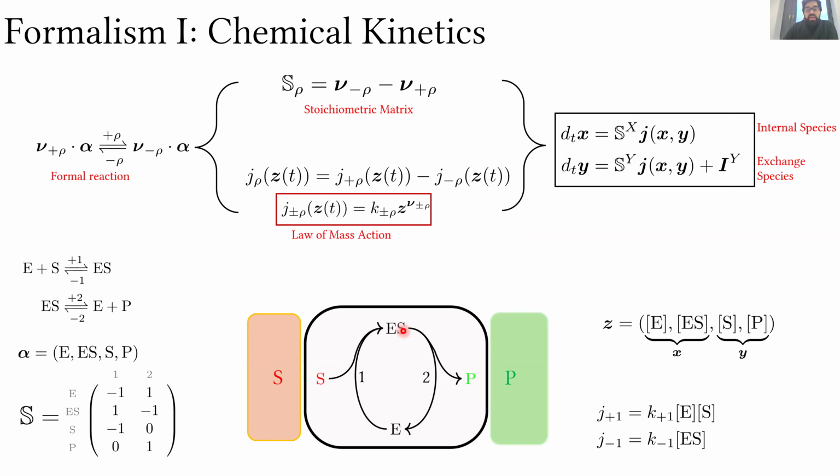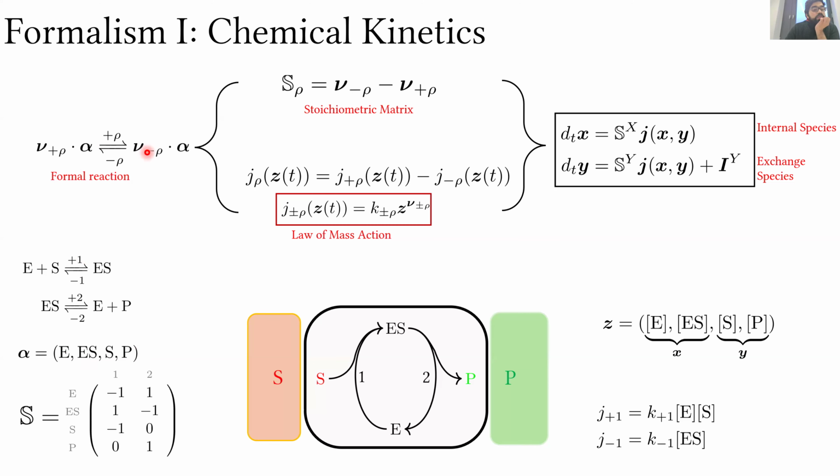The way we write this reaction mathematically is using a vector of species, E, ES, S, P, and then you write down these vectors nu plus rho, nu minus rho. Every reaction you can write down as nu plus rho dot alpha giving nu minus rho dot alpha. So what the nu measures is the number of each species participating in a reaction.